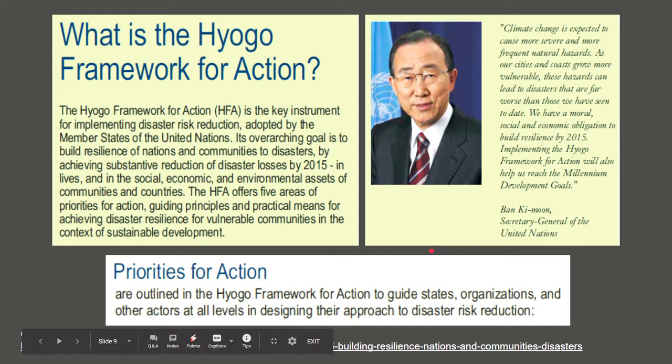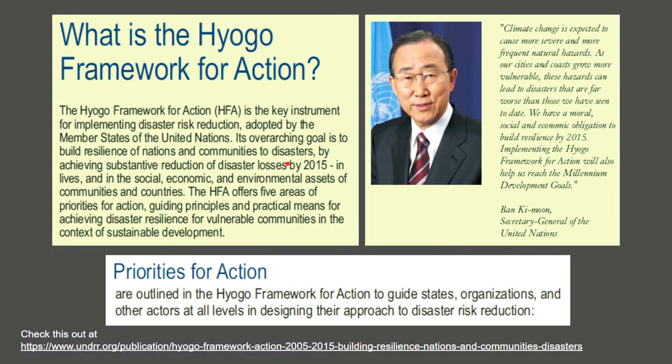Now, in this document, the Secretary General of the United Nations during that time, Ban Ki-moon, states that climate change is expected to cause more severe and more frequent natural disasters. Okay, so we have a moral, social, and economic obligation to build resilience across all countries by 2015.